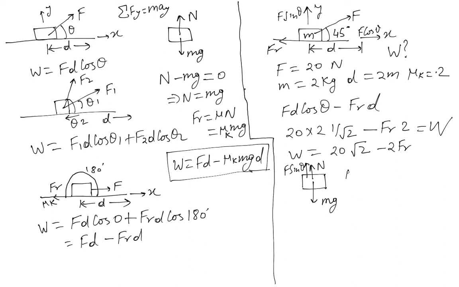And if you write Newton's equation, what do you get? F sin theta plus N minus mg should be 0 because there is no acceleration in the y-axis direction. Well, let's put in the values.